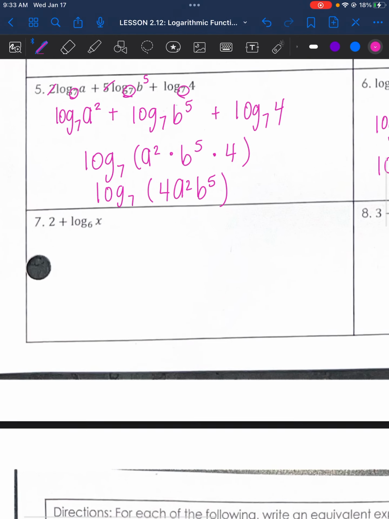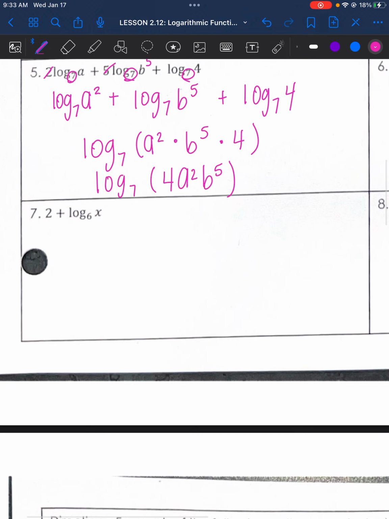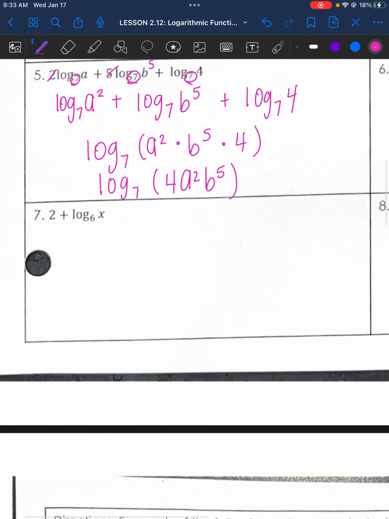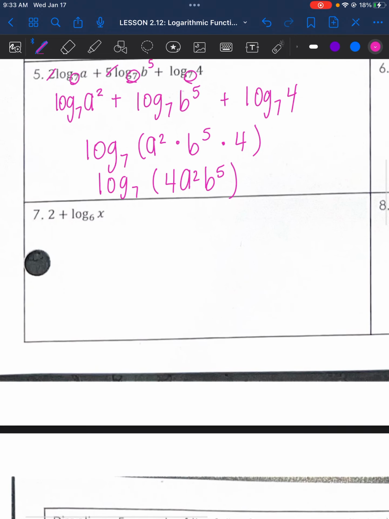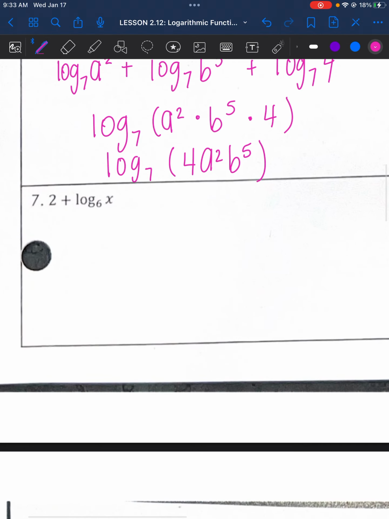Alright, now these it looks like I can't do anything. But I still want to condense it into one log. So what I'm going to do with this 2 is I want it to be log base 6 of something.